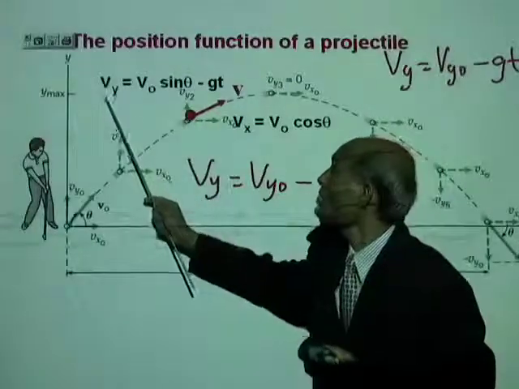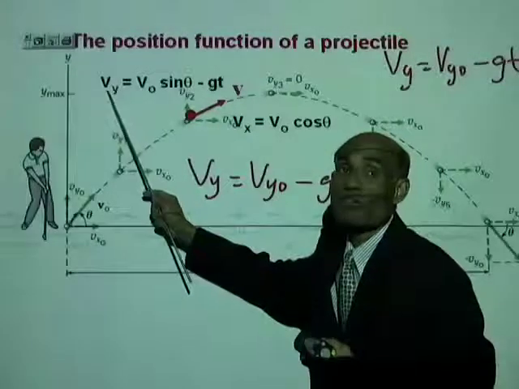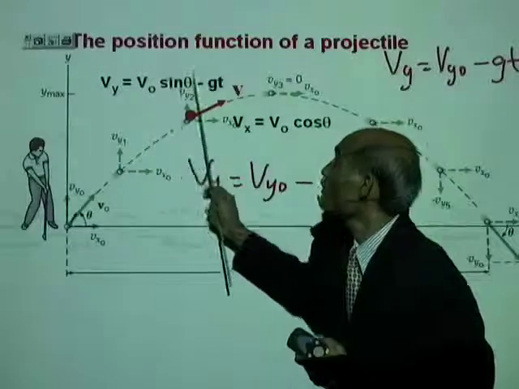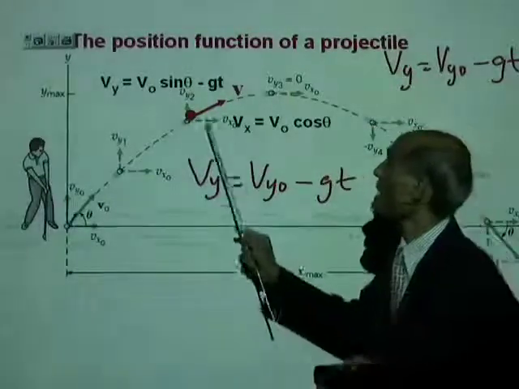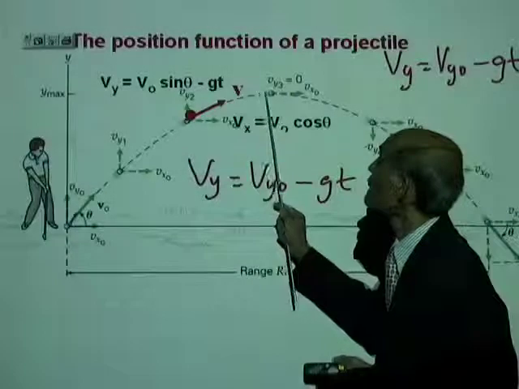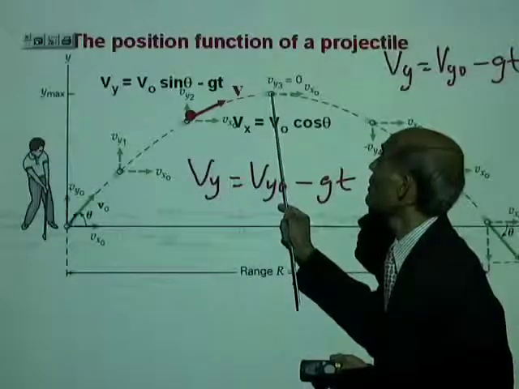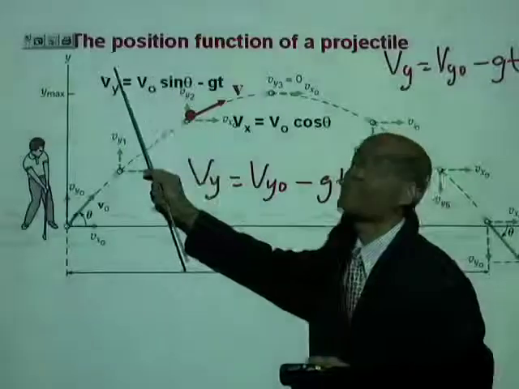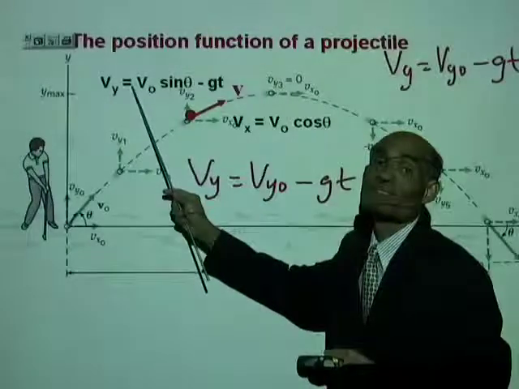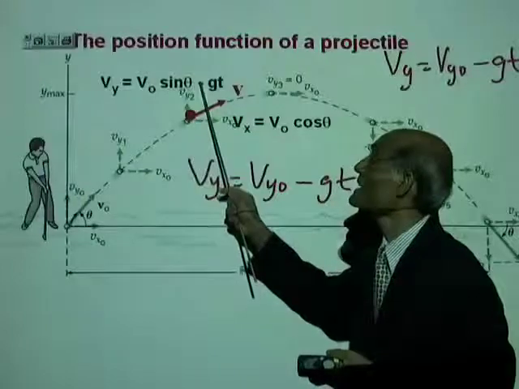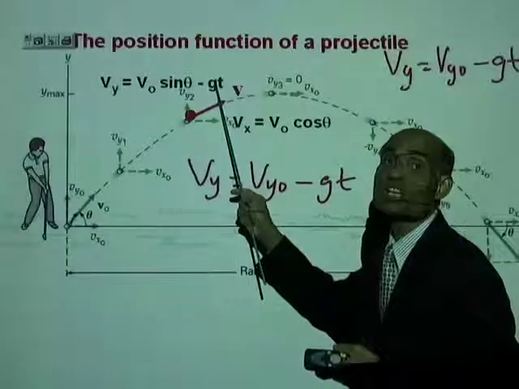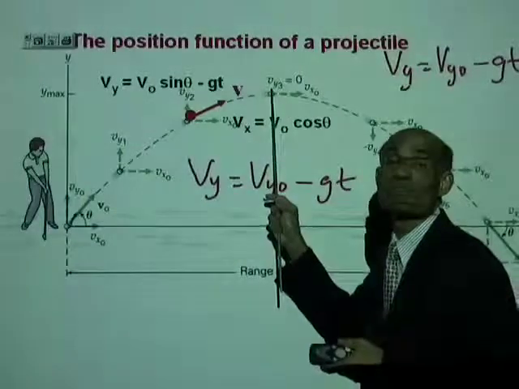So the y velocity will be vy equal to v0 sine theta minus gt. Now tell me, as this object reaches the maximum height, what is the value of vy? That will be 0. In other words, v0 sine theta minus gt will be 0.